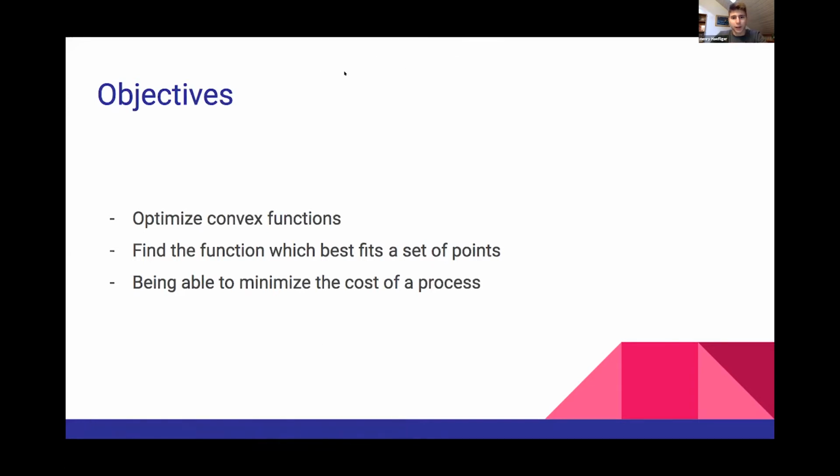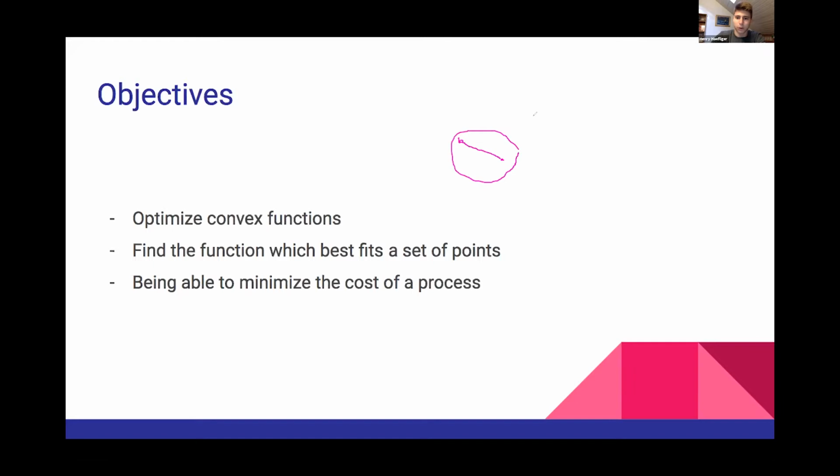So the idea is that we can have a convex set, which is a set where for any two points inside the set, every point between these two will be within the set, right?